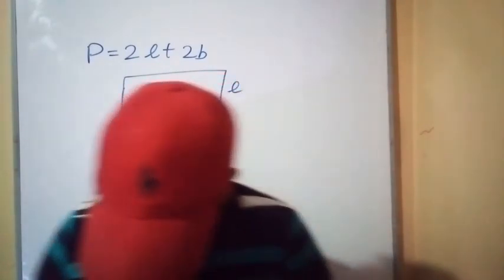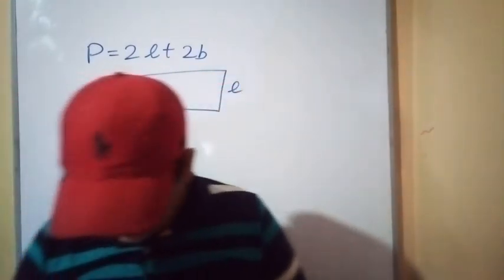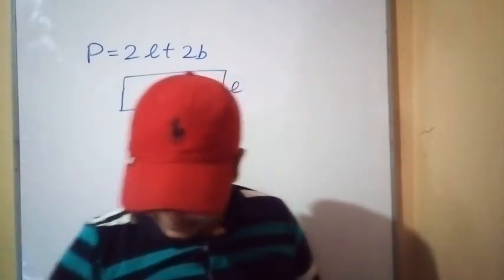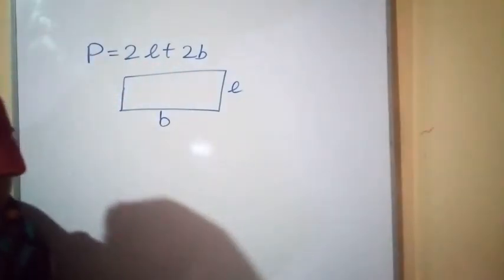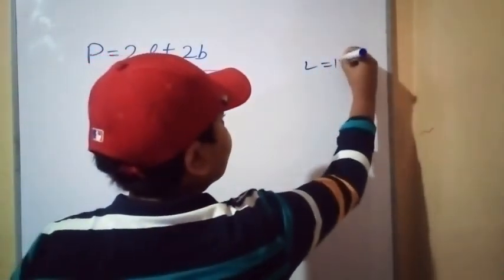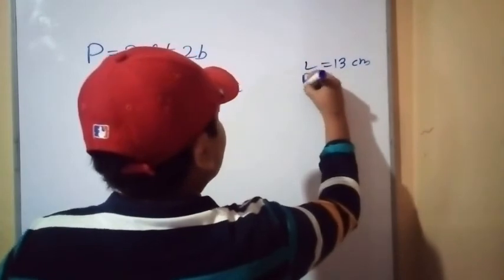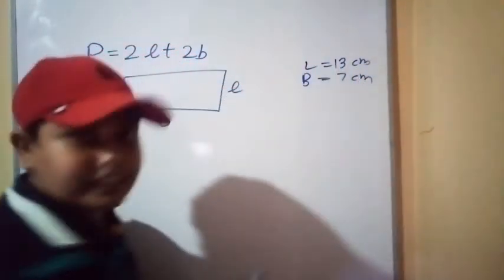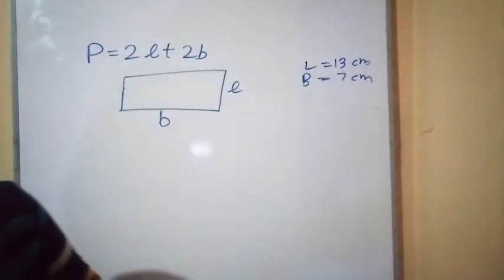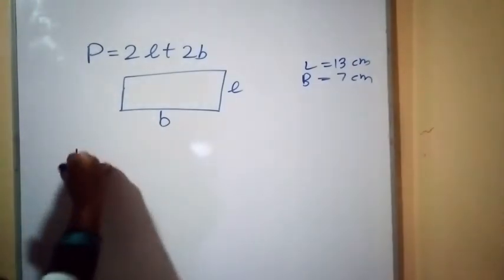Right? Like that. Now the length and the breadth of a certain rectangle are 13 centimeters and 7 centimeters respectively. Calculate the perimeter.